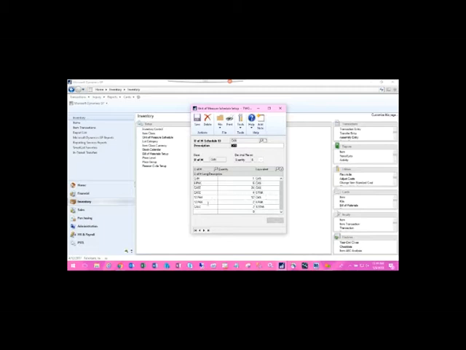It could also be 2 6-packs, or it could be 2 12-packs. So the key here, again, is to make sure that your base unit of measure is the smallest unit of measure that you work with, and then to define the different ways that you're going to work with, whether you buy or sell a product based on those unit of measures.